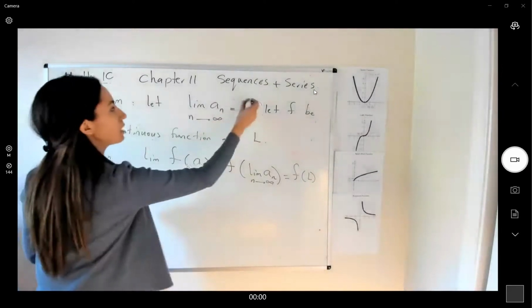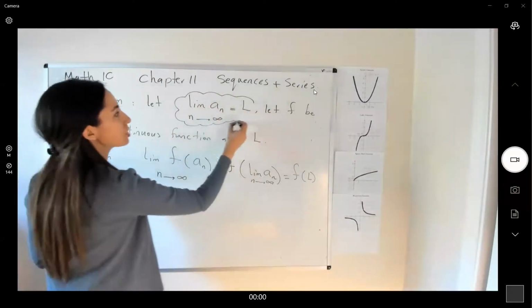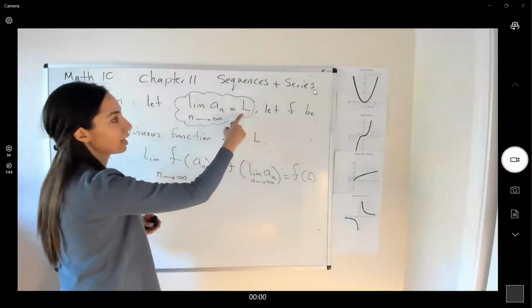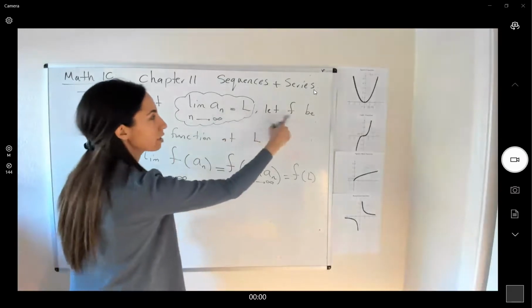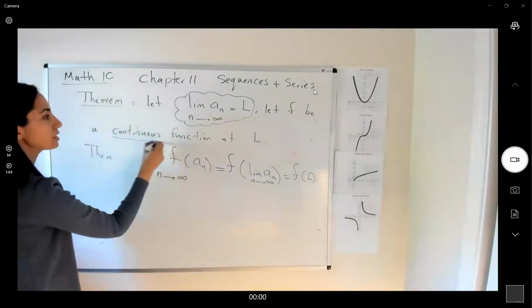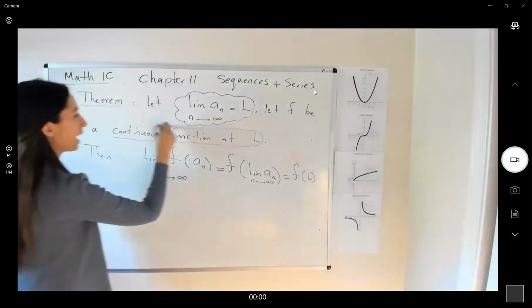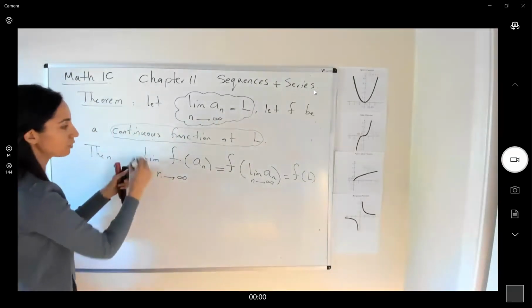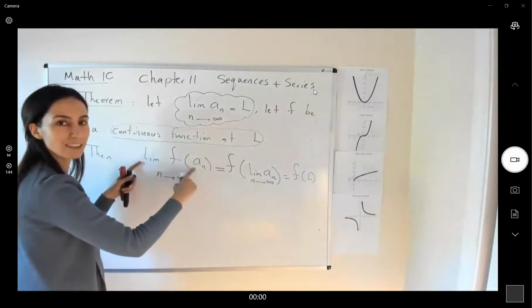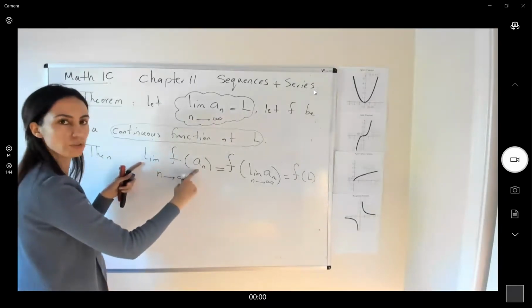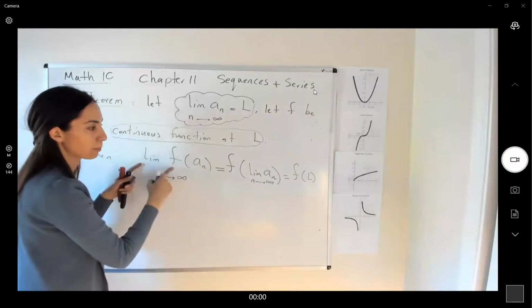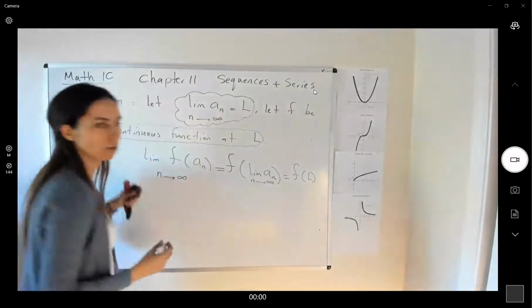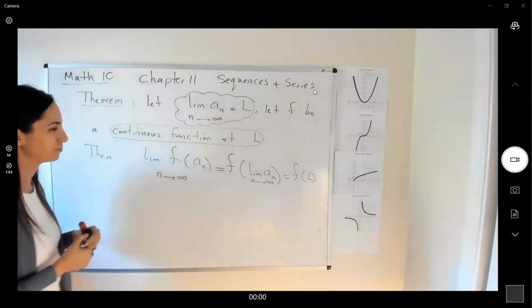The first one is that you have a convergent sequence a sub n which has L as its limit, and the second condition is that your function f is continuous at the limit. Then you can move this limit inside, since you have a composition of two functions, and the limit of the composition is equal to the outer function applied to the limit of the inside function.